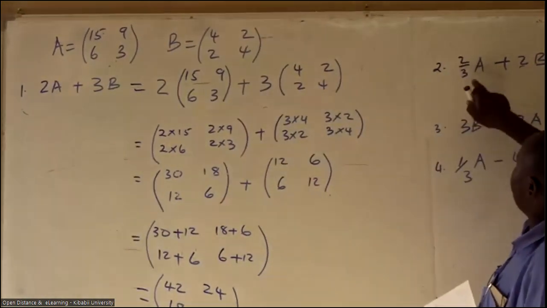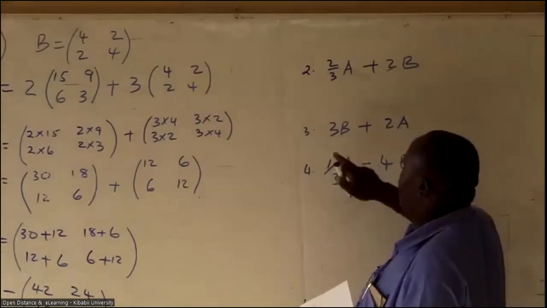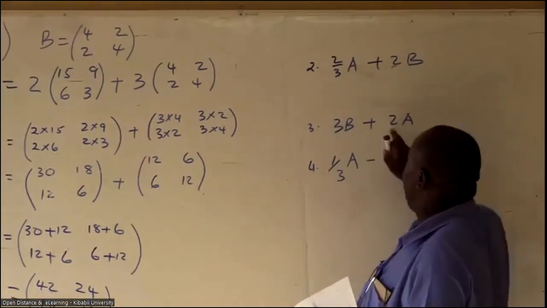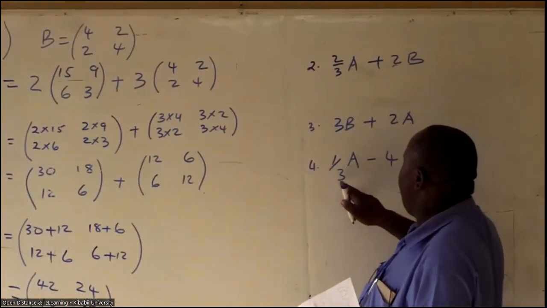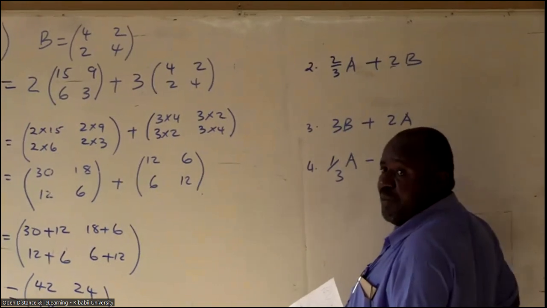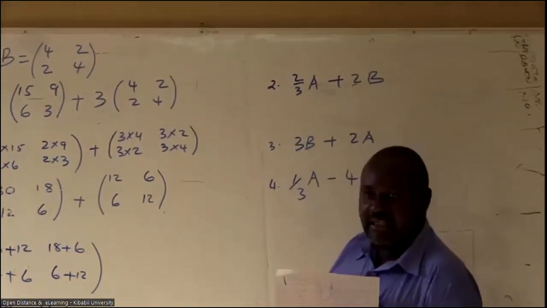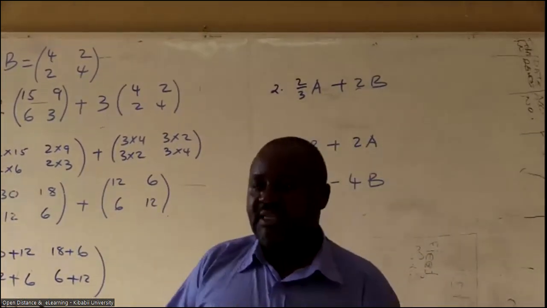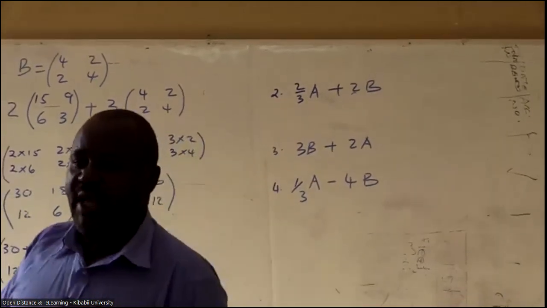We evaluate 2/3 A plus 2B, 3B plus 2A, 1/3 A minus 4B. Then we shall share the result as we are doing. Let's get 2 minutes to do that.